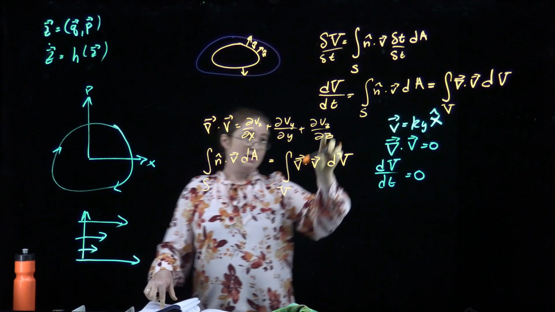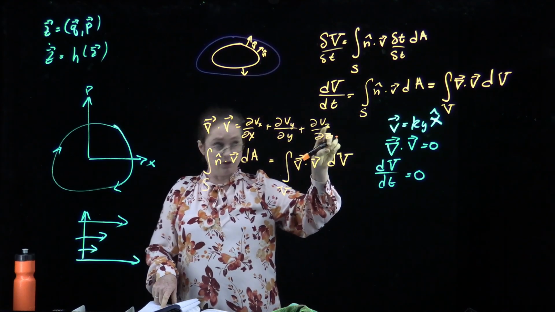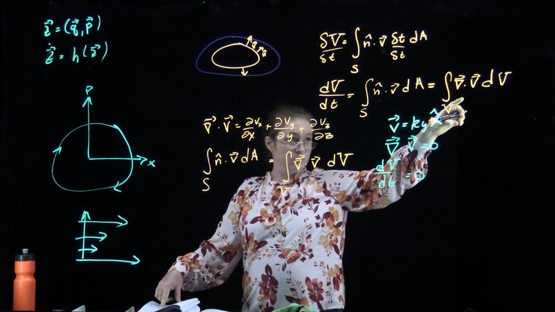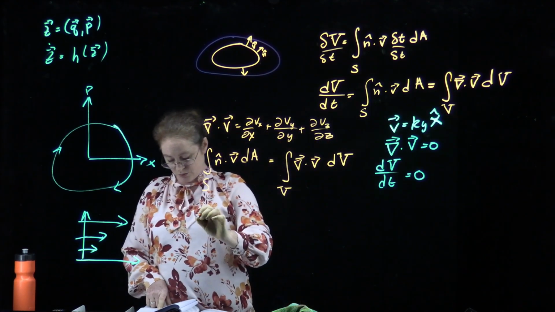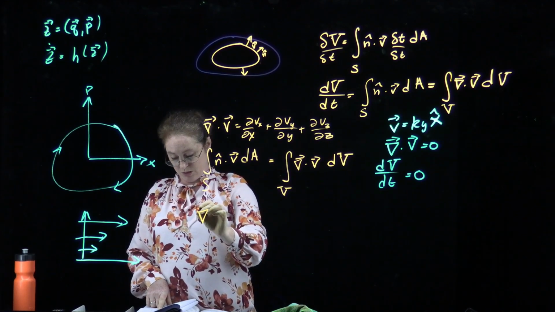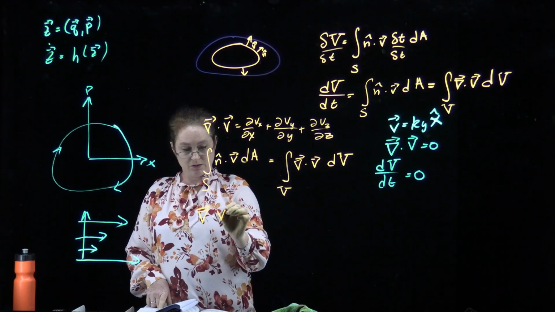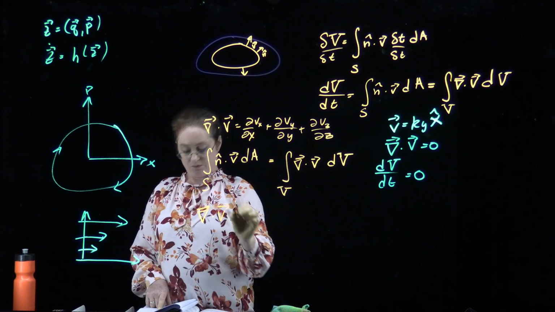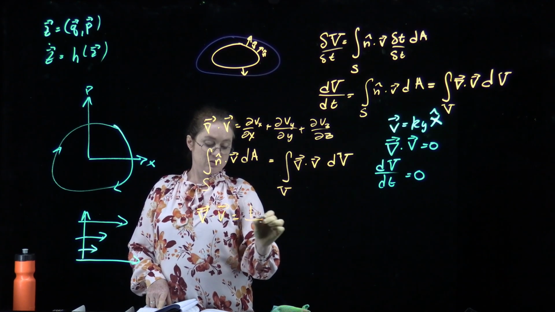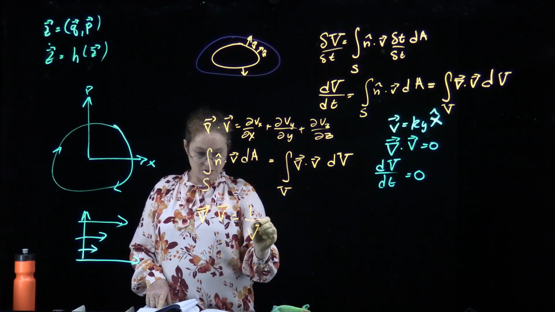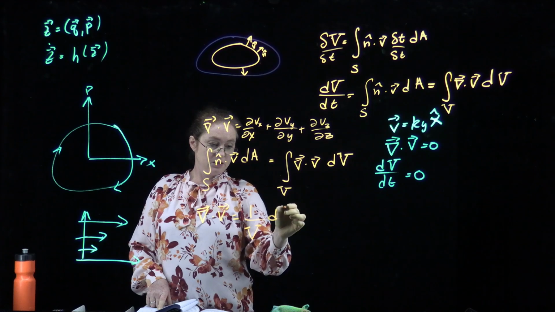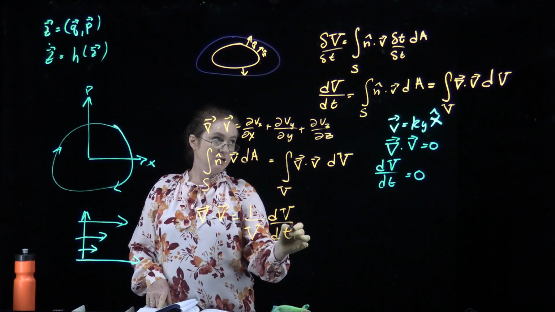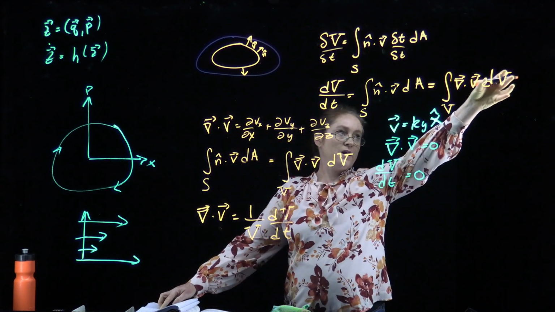So if I take a tiny little segment of the volume and I only look at a small segment of the volume, del dot the velocity is 1 over V dV/dt.